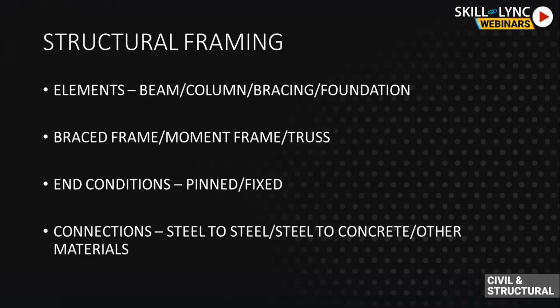So based on the orientation of the members and the material of the members, we decide the connection. This is the most critical part of the structure, and it can fail if not given true care.